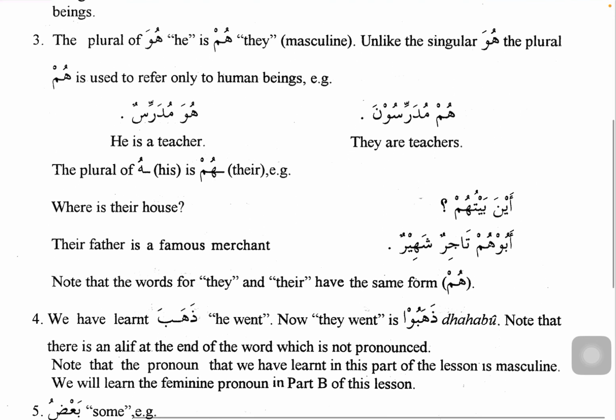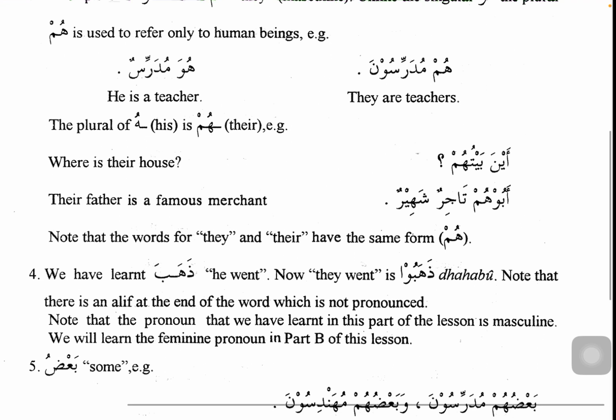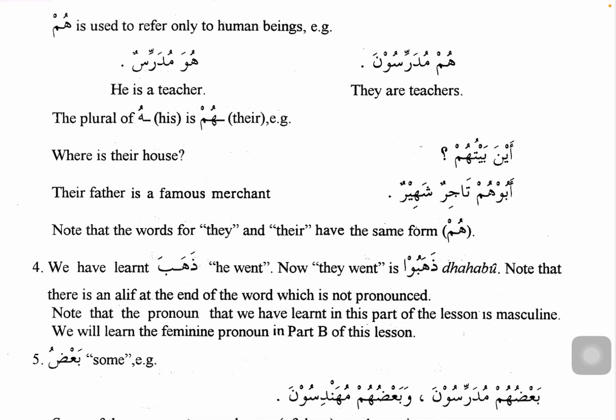Number 3, the plural of huwa is hum, they. Unlike the singular huwa, the plural hum is used to refer only to human beings. So again, huwa mudarrisun, hum mudarrisuna. And here is the attached form of the pronoun, hum.